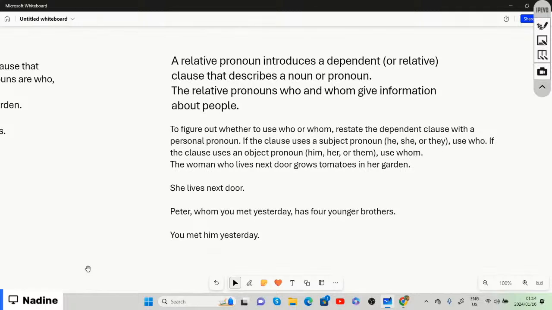It says to figure out whether to use whom or who. So now we're going to figure out when we use who and when we use whom.